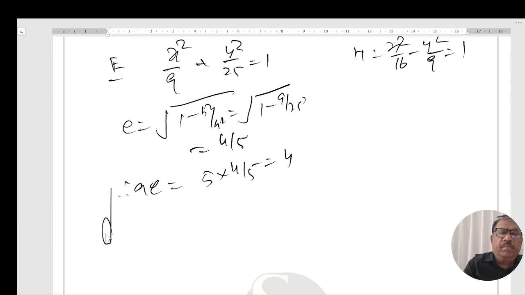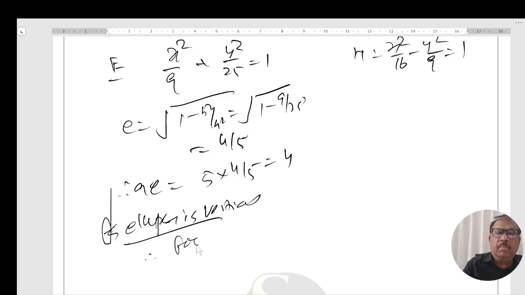As the ellipse is vertical, therefore foci will be 0, plus minus 4.